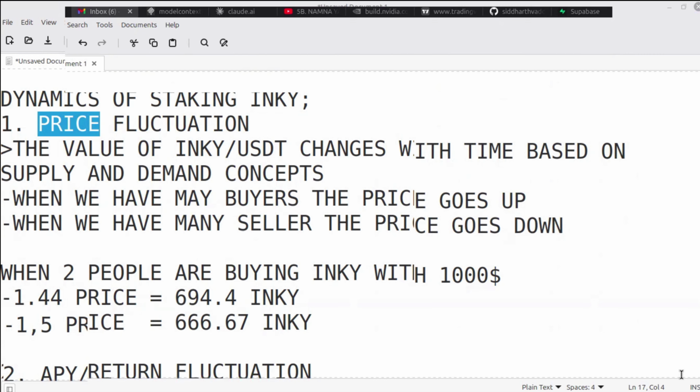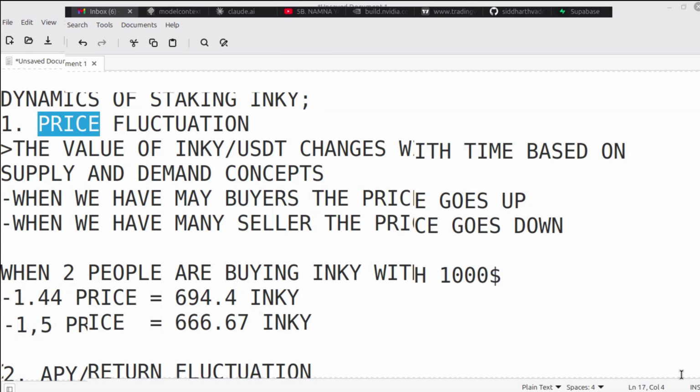Another thing to finalize before I open up for questions. There is no way that you can actually pinpoint where the price of an asset is going to be in the next few months or in the next few years. The concept is, we believe that since the project is good enough, ink will one day get to $5, perhaps to $10.